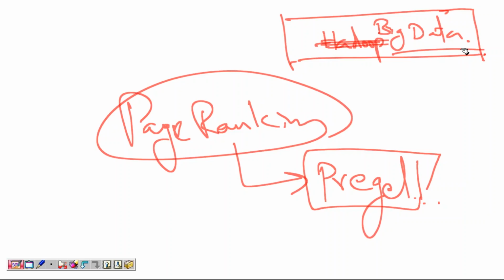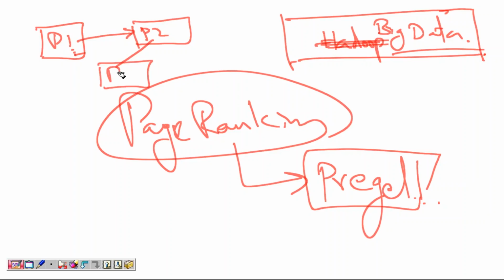How this rank is applied: number of visits is one thing. Suppose I am entering a lot of pages, we will not directly find it. First we enter page 1. We don't like it. After that, from page 1 you find some other link and go into page 2. And from page 2 you come into page 100 by seeing some link. After that you come back to page 1.